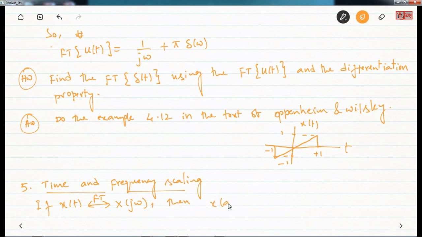Then we want to find the Fourier transform of x of at. So how do we find the Fourier transform of x of at? Let's write x of t. Again we are writing 1 by 2 pi, integral from minus infinity to plus infinity of x of j omega e power j omega t d omega.